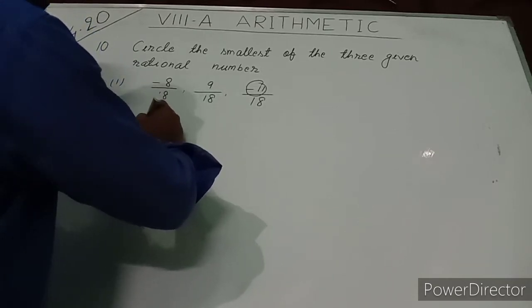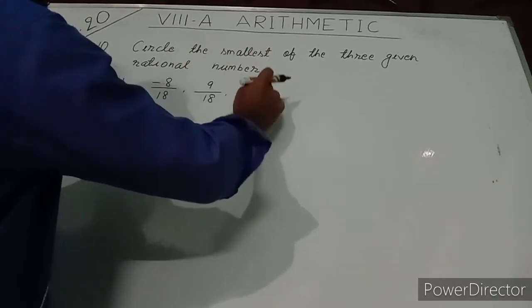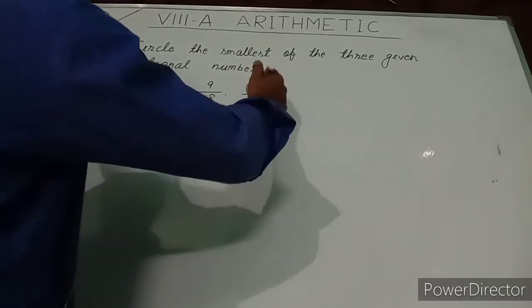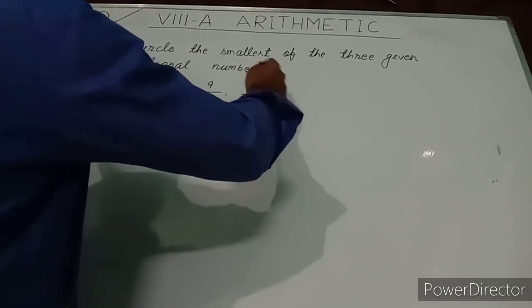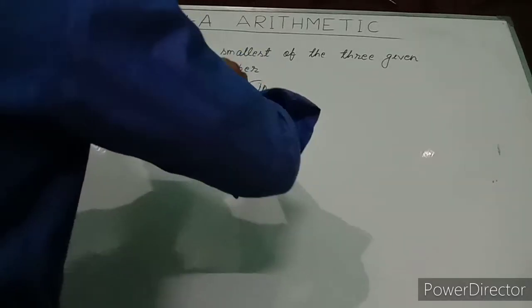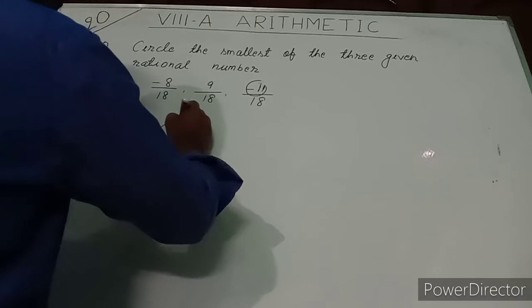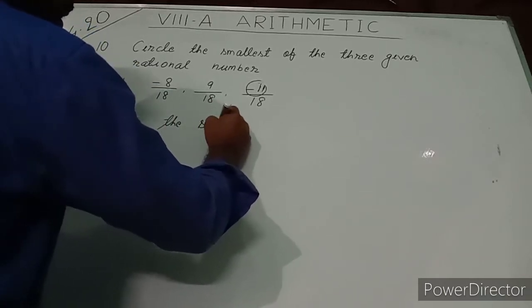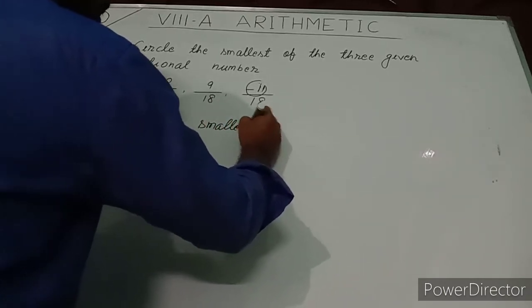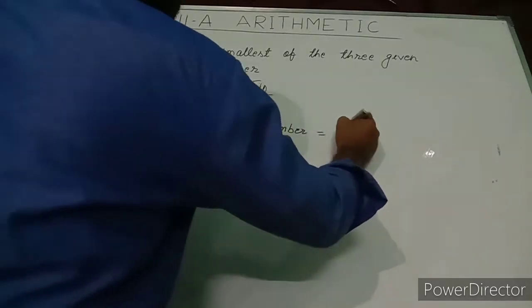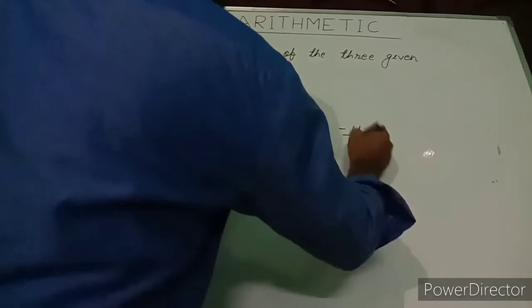So the smallest rational number is equal to minus 11 by 18.